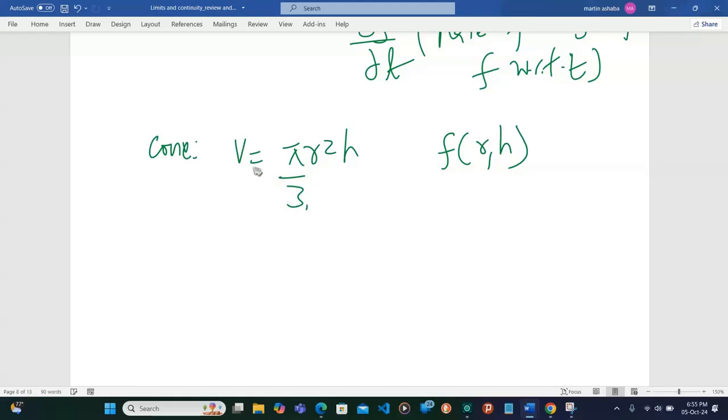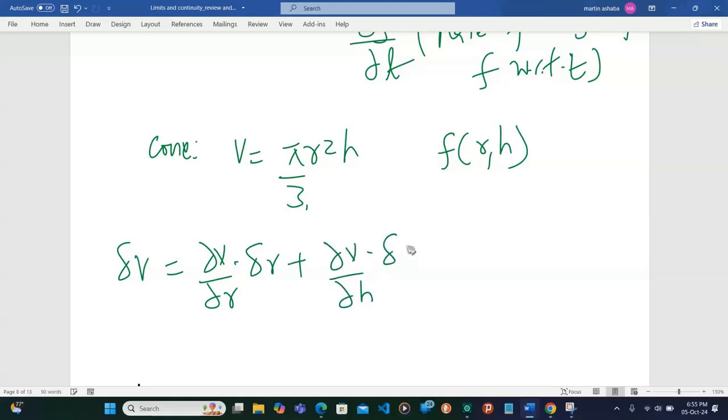If we are looking for any change in volume, then delta V, the change in volume, is always going to be del V del r, the rate of change of volume with respect to r, times the change in r, plus del V del h times the change in h, because h is the height.